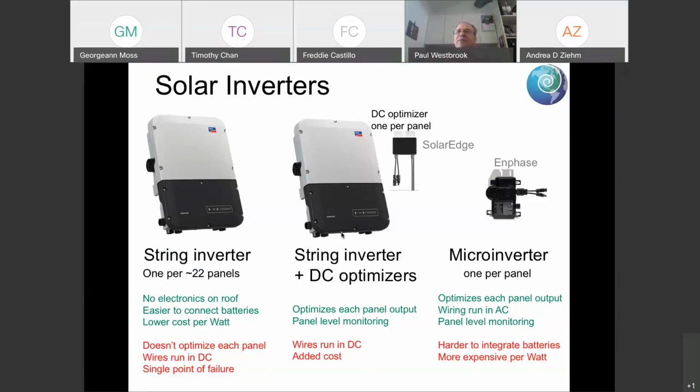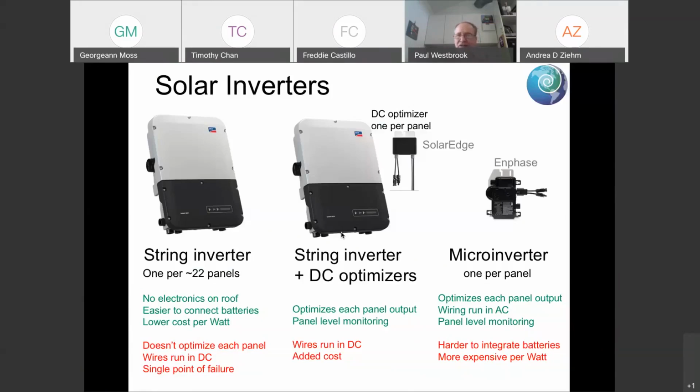So I see a question coming in. I'll try to take them real time. What solar inverters do you recommend for a small condo? Condo, that'll be interesting because you have your association to deal with. But if you can get the approval to do panels, either one is probably fine. If you have a fully sunny space where there's not really any shading, a string inverter would be fine.